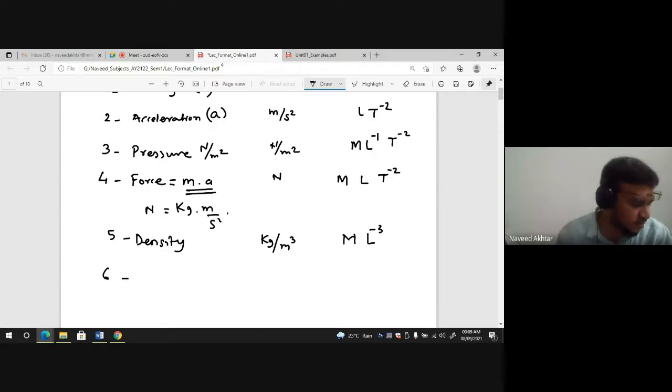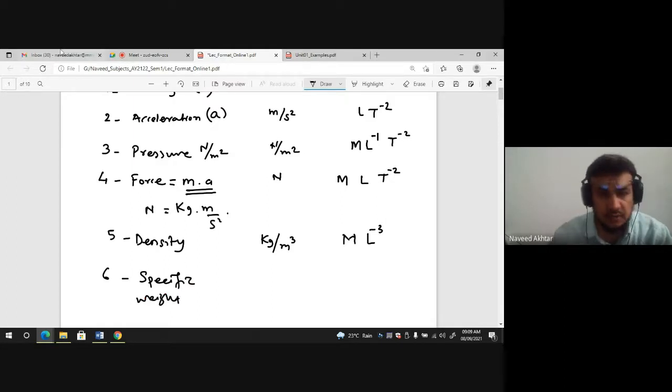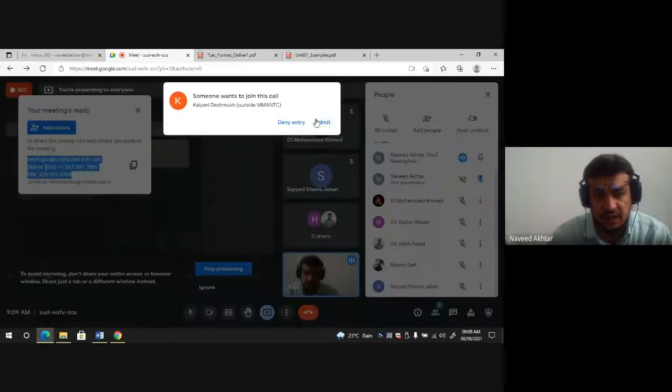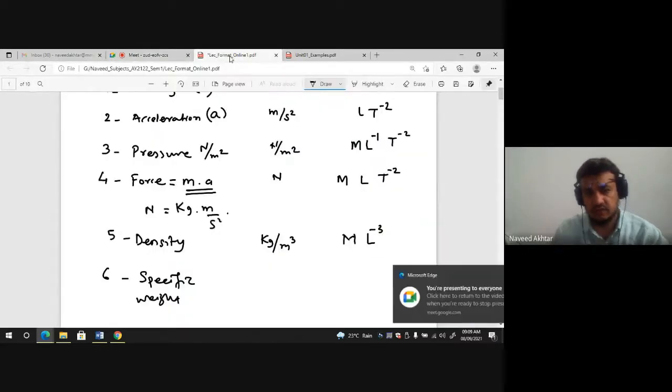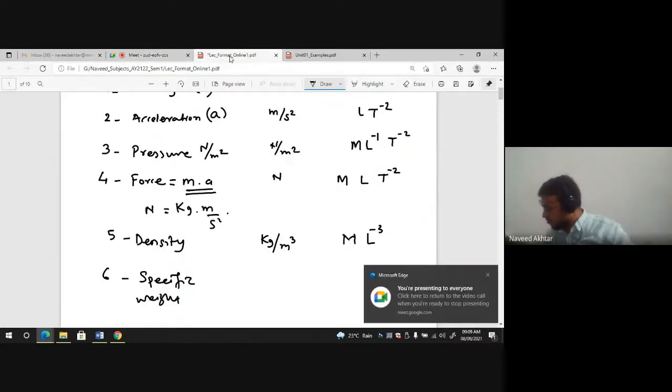Similarly, specific weight. It is necessary for solving the problems, that's why we are writing these. You should also write down this name so that you know it.